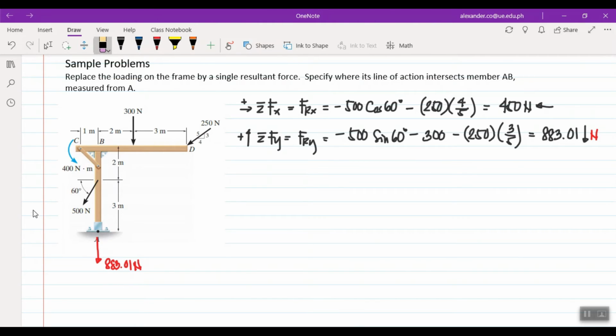So, etong ibig sabihin, specify where the line of action intersects member AB measured from A. So, etong resultant force due to X, it's no longer automatically located here, kasi hindi tinatanong yung moment.